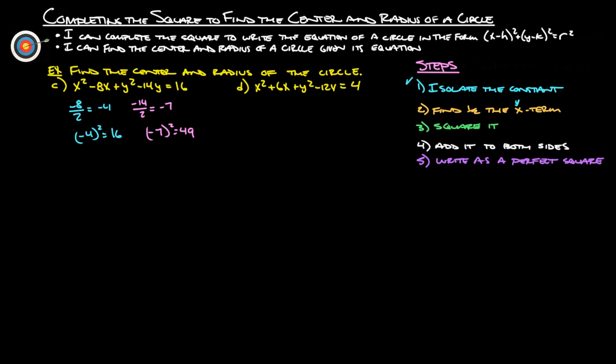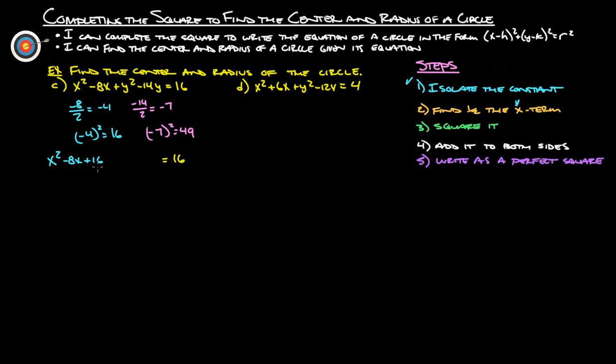Here's where hopefully it'll start making a little bit of sense as to what we're doing. So we've got x squared minus 8x plus 16. There's the 16 from this square right here. So here's our equals. We already had 16 over here from the original, just moved it down.